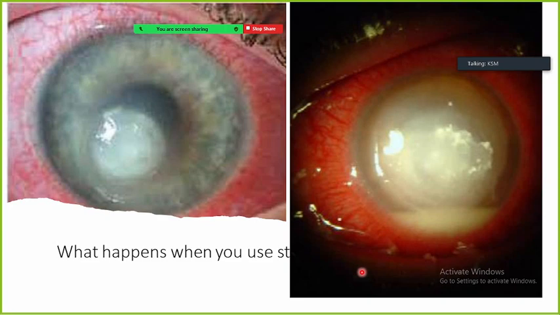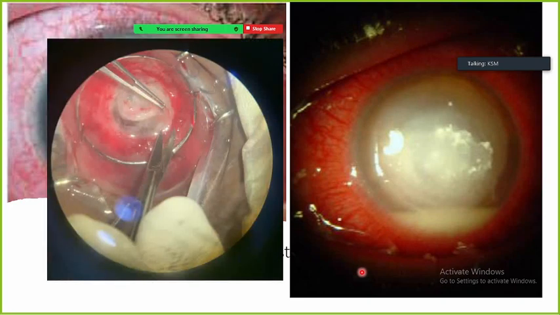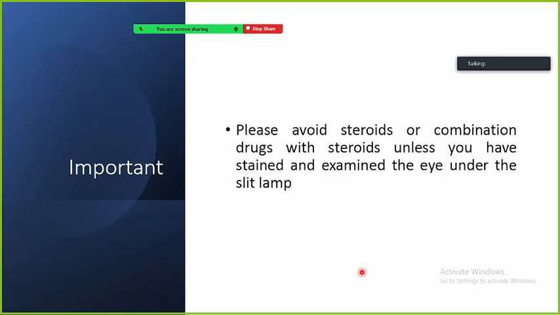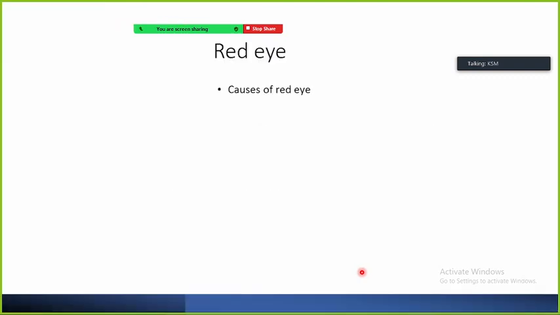This is how the eye progresses into a corneal infection, and sometimes the whole eye, we call it endophthalmitis, and then you probably might have to do a corneal graft, and you might have a good outcome, or you might not have a good outcome. So the important message is to avoid steroid or steroid combinations unless you have stained and examined the eye under the slit lamp.